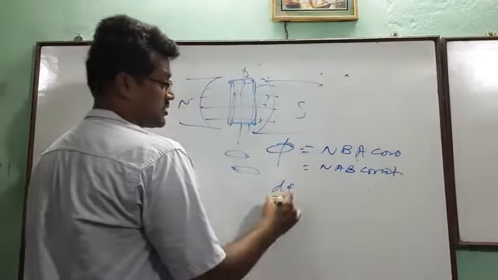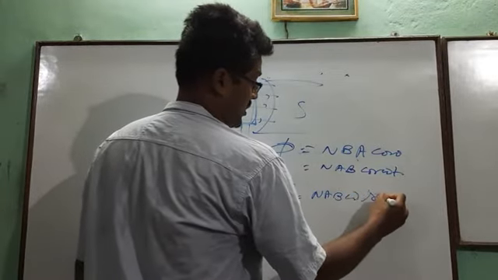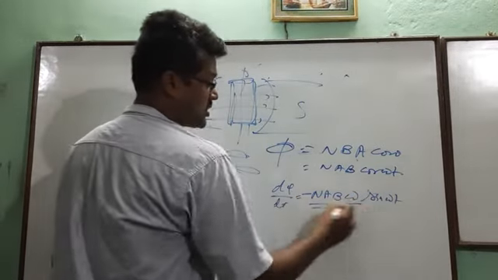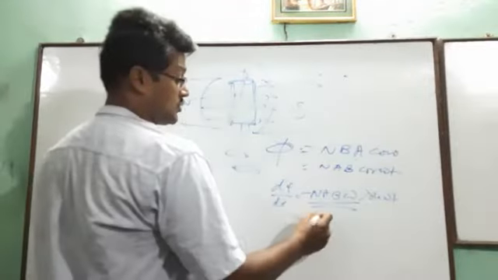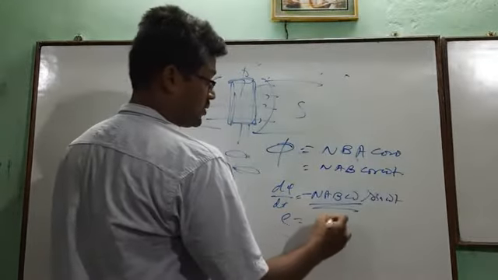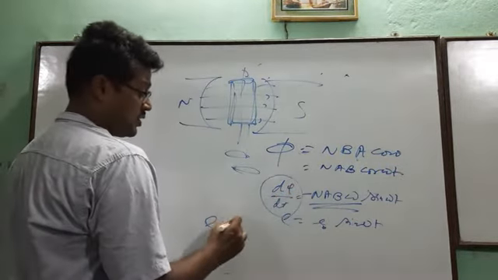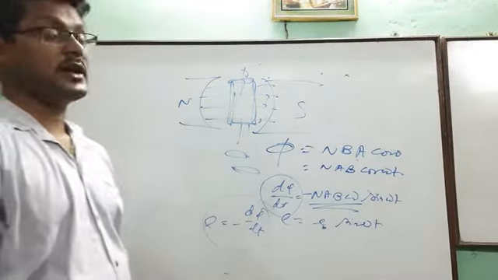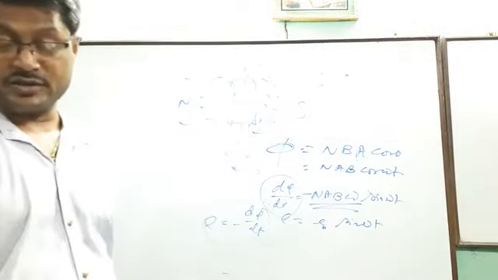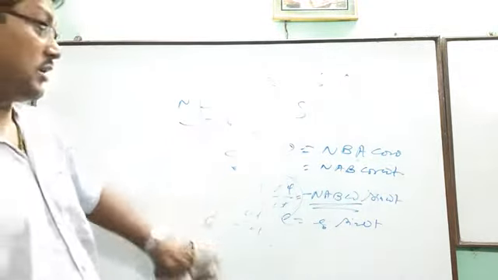Now take the derivative d phi by dt, that is N A B omega sin omega t. This is a constant term, which is the maximum EMF, because sin value is 1. So E equals E0 sin omega t, because E equals minus d phi by dt. These are the facts I have discussed earlier, getting repeated again. Most of the numericals are related with this part only.